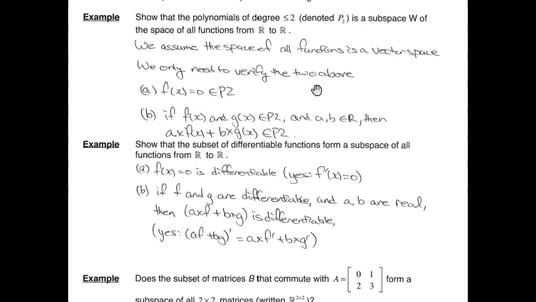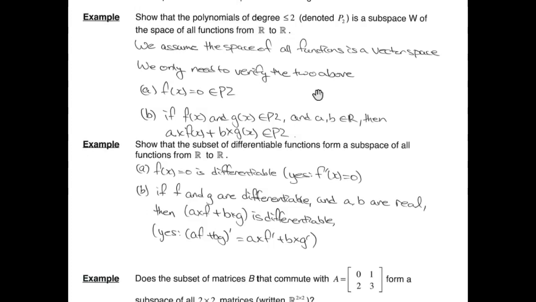Firstly, if you think of parabolas, y equals f of x equals ax squared plus bx plus c, if you just choose a, b, and c equal to 0, you will have f of x equals 0. So yes, the neutral element is in the subspace. And secondly, if I take two quadratic functions and I add them together, I'll still get a quadratic function.